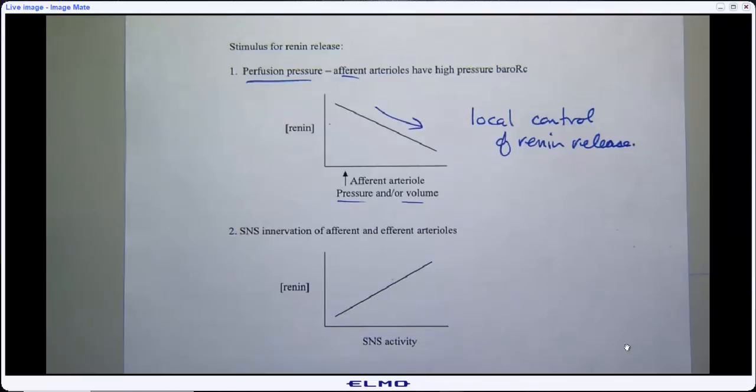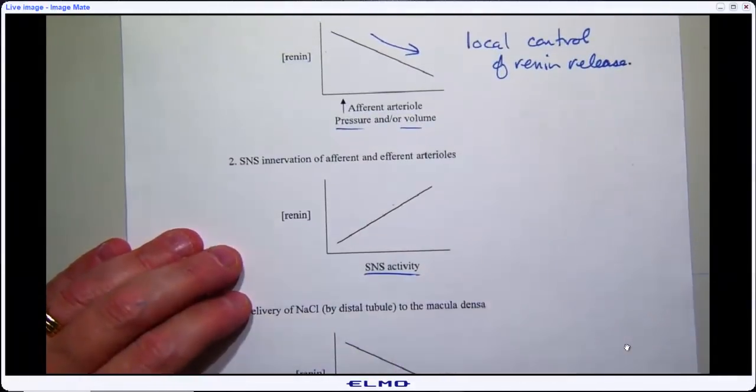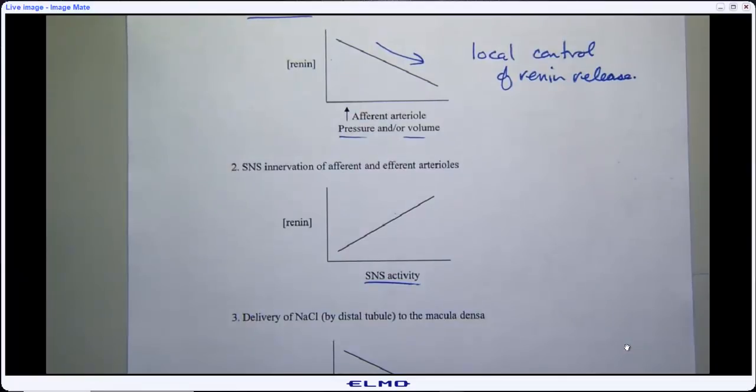So when the brain wants renin, when the central system wants renin, we have direct SNS innervation into the afferent and efferent arterioles to release renin. This is like when there's a whole body alert, we want afferent and efferent arterioles to release renin, get it out there in the whole body. Okay, renin converts angiotensinogen into angiotensin 1.